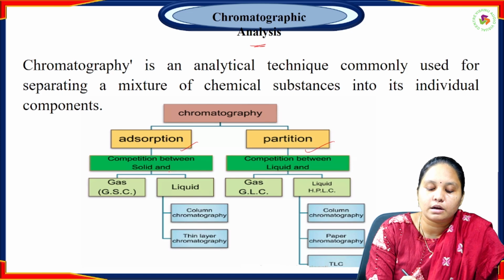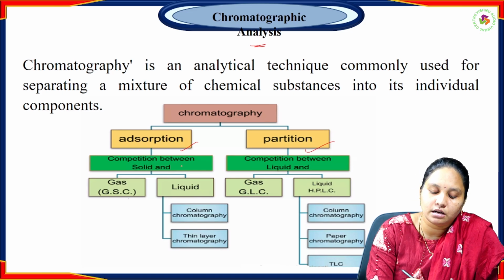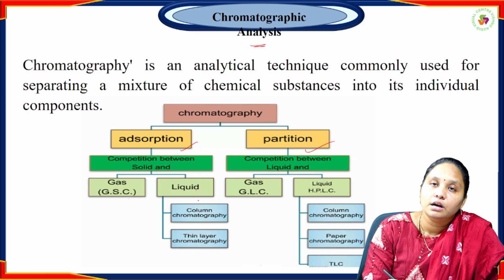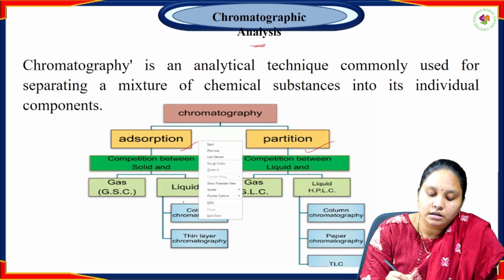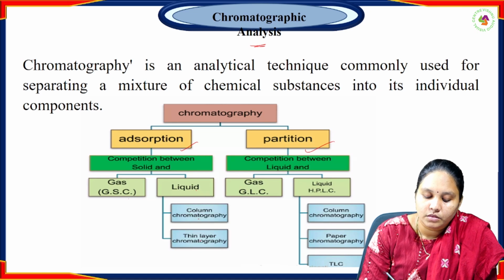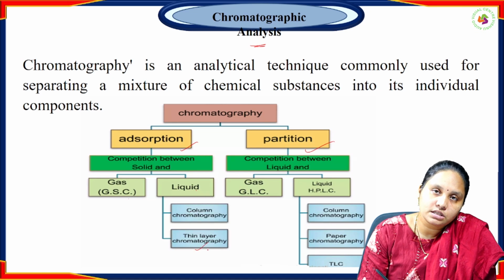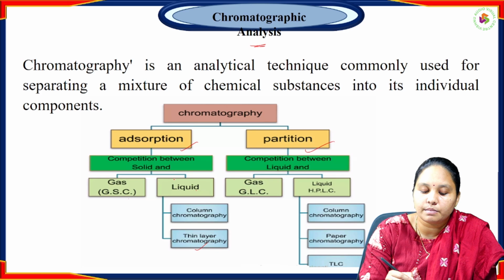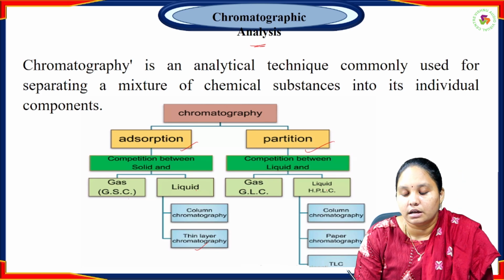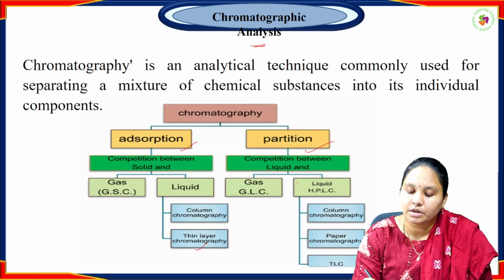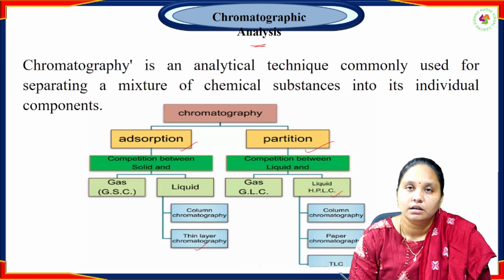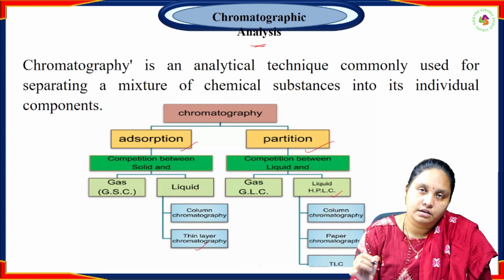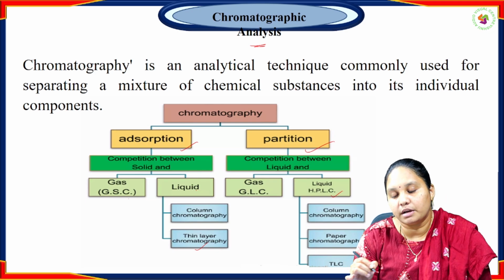In the adsorption principle, there is competition between the solid and the gas, or the solid and the liquid. By using column chromatography, we can separate solid from liquid. And by using thin layer chromatography, we can also separate the solid and the liquid. Like that, in partition chromatography, liquid and gas, we can separate in liquid form by HPLC. If the unknown sample is present in a liquid, by using the HPLC technique we can separate the two components.